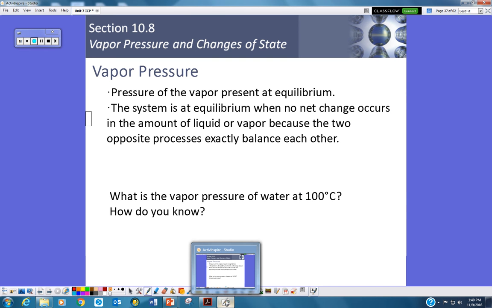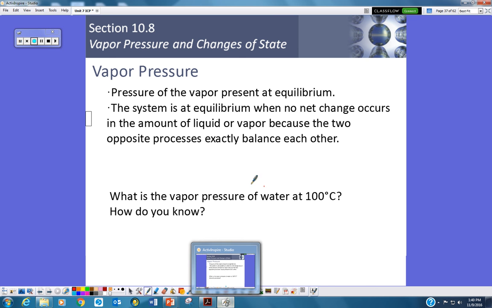All right, so here's an example of some questions you might see on this. The pressure of a vapor present at equilibrium. The system is at equilibrium when no net change occurs in the amount of liquid and vapor because the two opposite processes exactly balance each other.